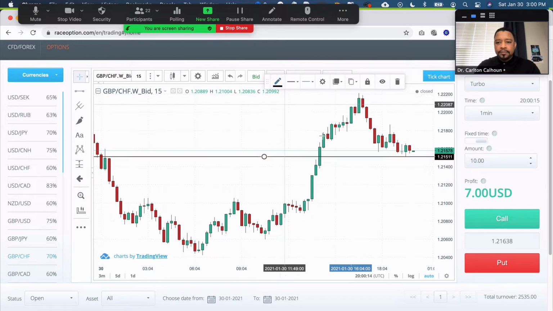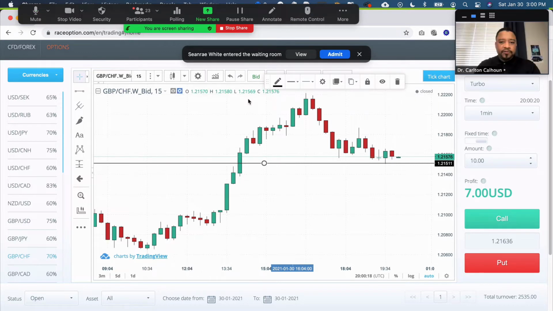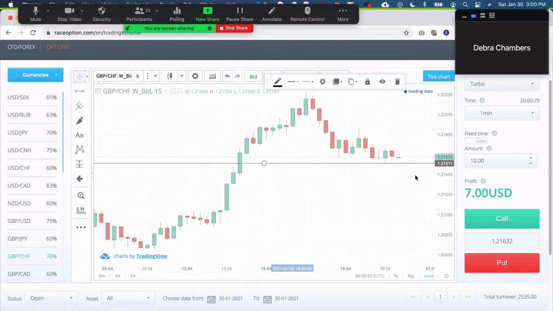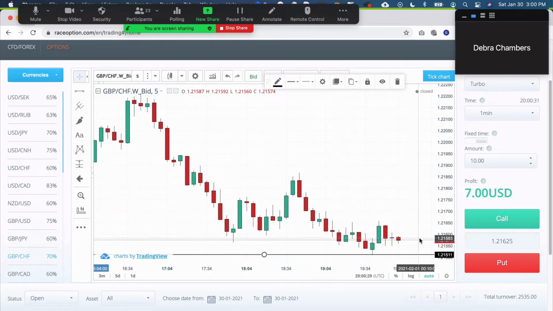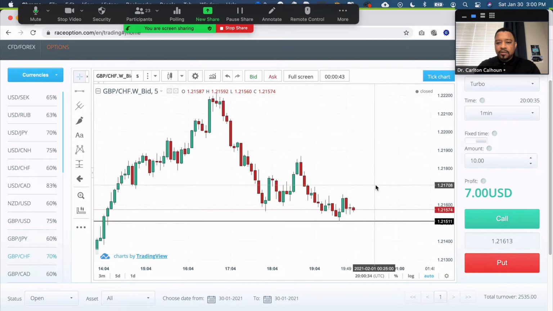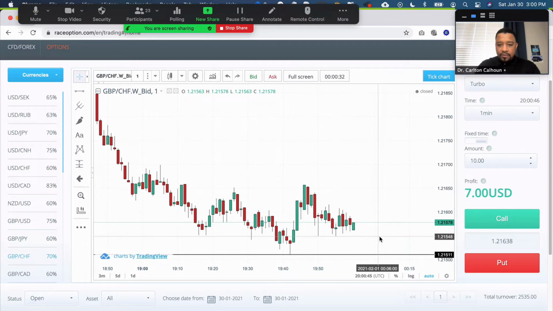Let's make it black. On the 1 minute, on the 15-minute, this is the floor. Let's see how we're looking on the 5. See how we get those pauses too? You get those a lot on the weekend. So on the 1 minute, here's the floor.